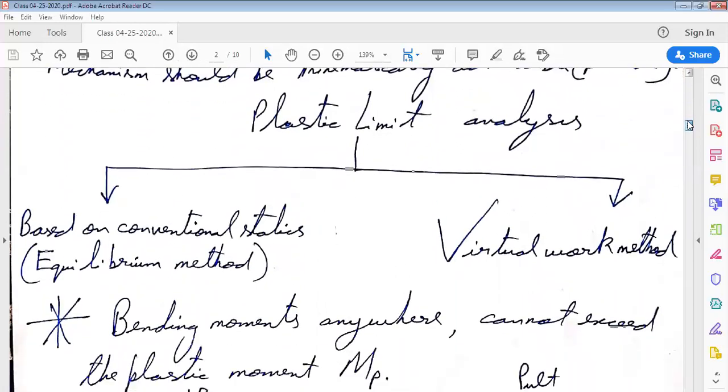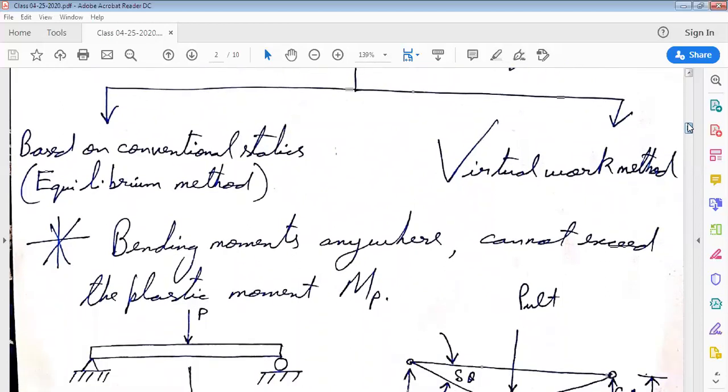There are two methods for plastic limit analysis. One is based on conventional statics, and it is called equilibrium method. And the other method is based on the principle of virtual work.